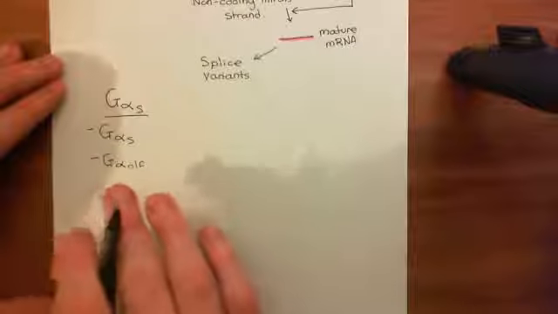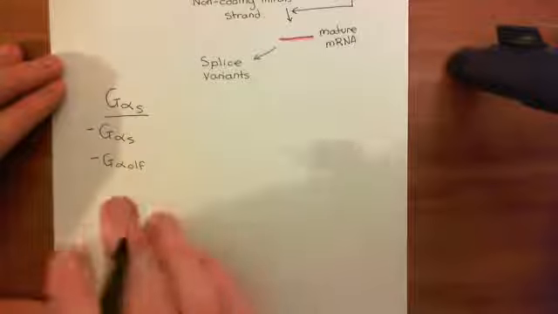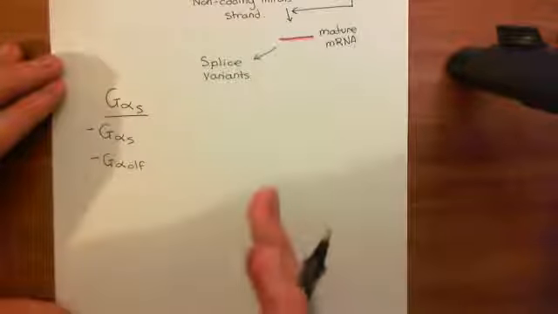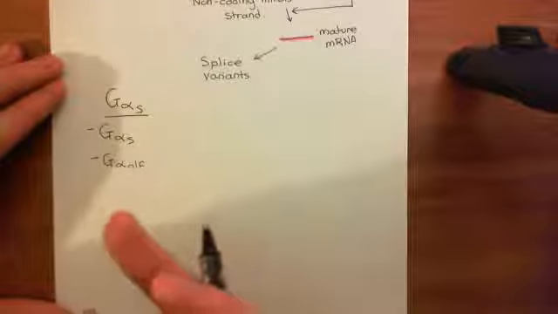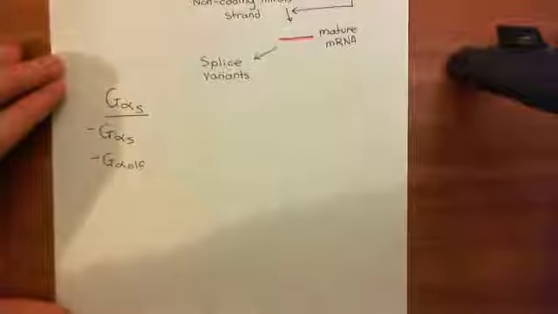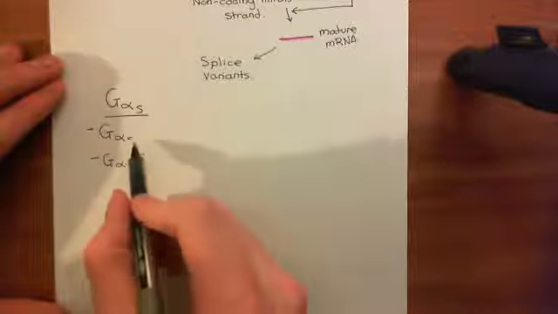What's special about these two is that when they're in the active state and have GTP bound to them, they both go off to activate adenylyl cyclase enzymes. So they both have very similar function.